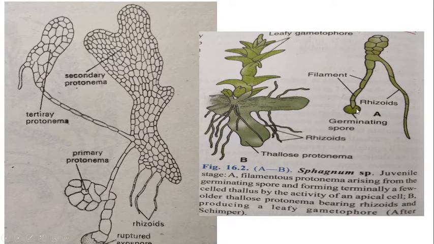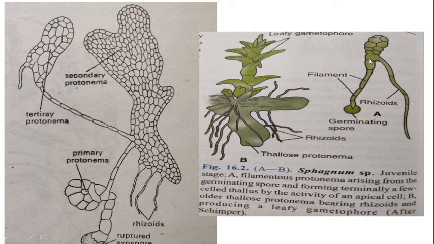In this slide you can see the germinating spore. In this diagram, this is the spore. It shows germination and forms a filamentous structure, and later it gives rise to a multicellular structure which forms rhizoids as well as the further gametophore on its upper side. You can see these rhizoids showing the obliquely placed septa. Look, these are the septa, but they are obliquely placed.